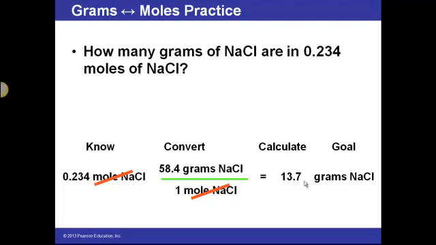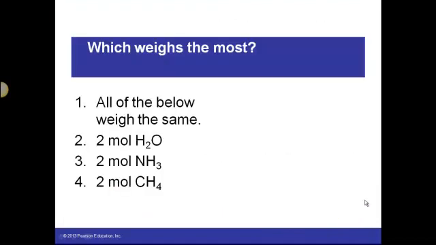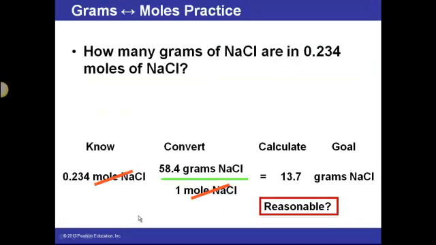And this seems reasonable because it's a lot smaller than the gram numbers per mole, and we only have about 1/4 of a mole present. So this seems very reasonable for our answer. These just represent some examples to help you do some conversion problems between grams and moles. In the next section, we'll start applying these concepts that we've been working on to chemical equations.